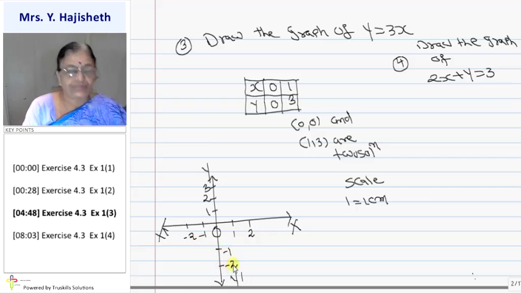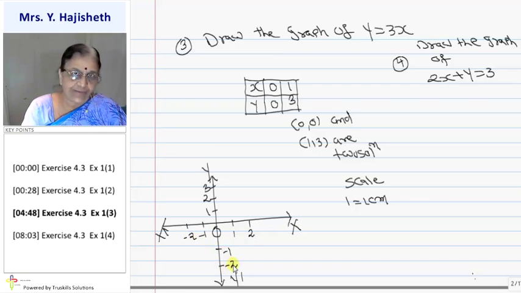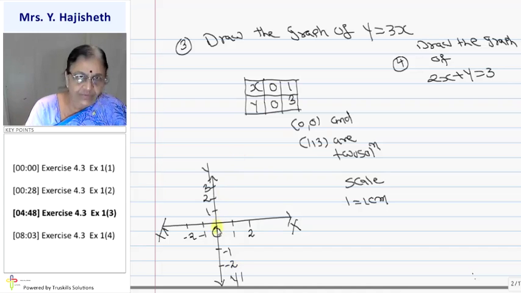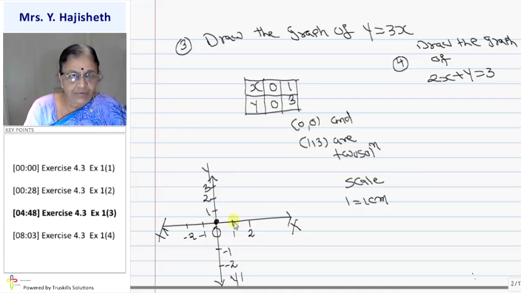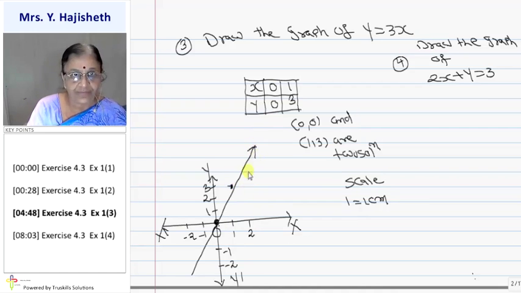I have taken the points on x and y axis. Now 0, 0, the point representing 0, 0 is origin. And 1, 3 means from x 1 and y 3. Position of 1, 3 is somewhere here. Okay. Now join them. So this is my graph of y is 3x.